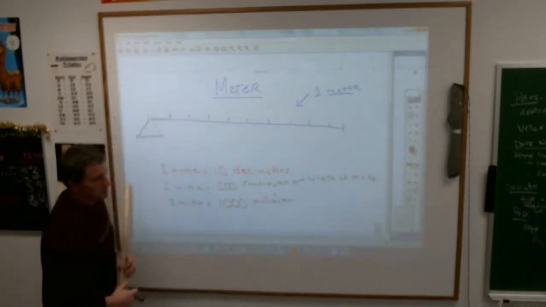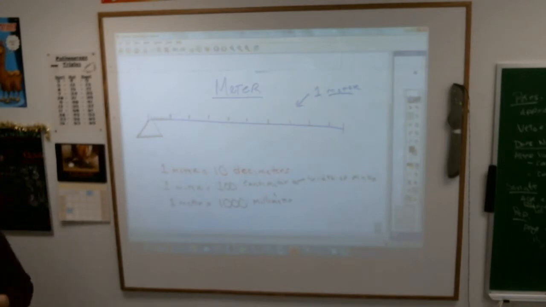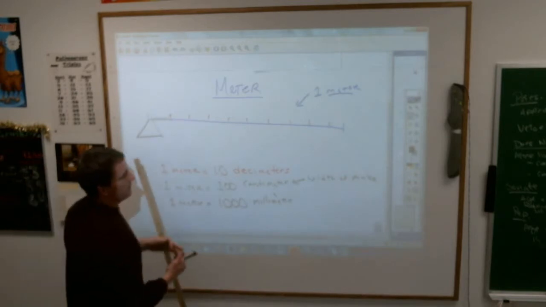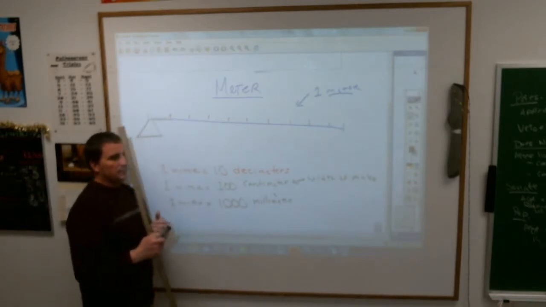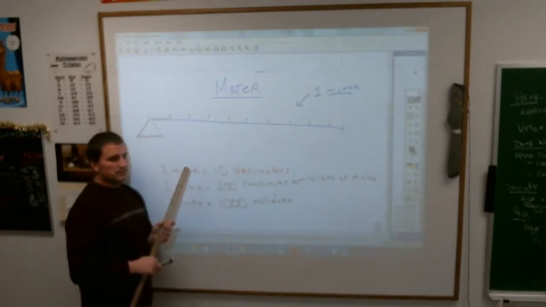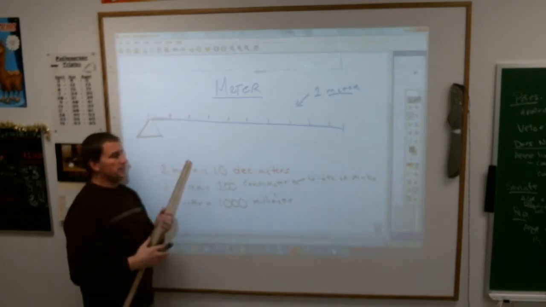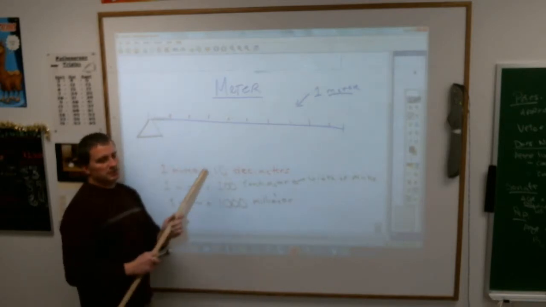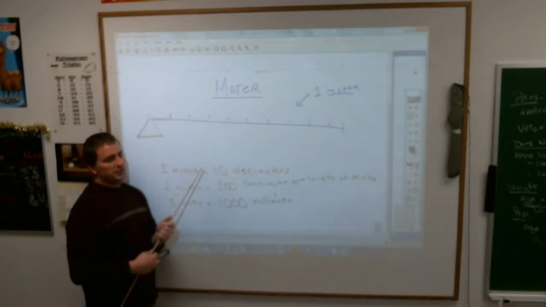Yep, your millimeter. There are 1,000 of those millimeters in 1 meter. And the nice thing, people, is when you are given measurements, changing from one unit of measurement in the metric system to another unit of the metric system is really, really, really easy.